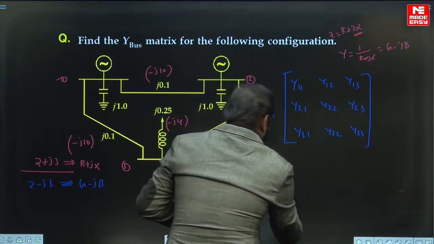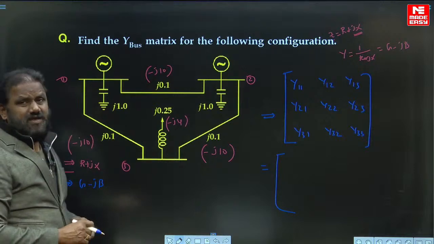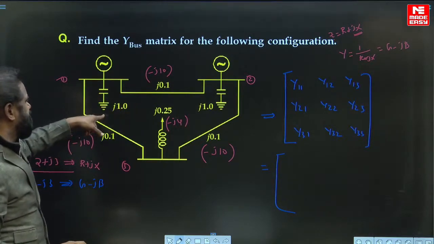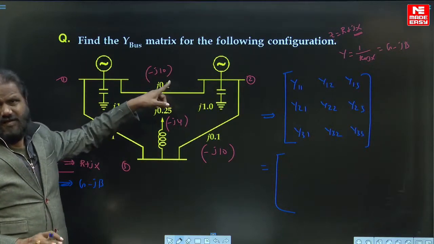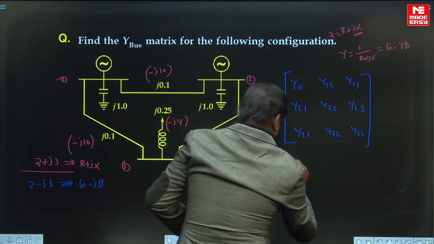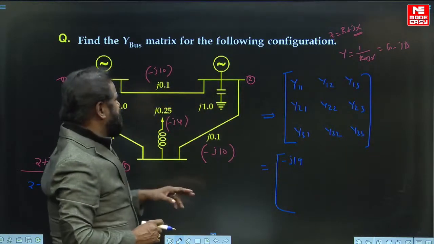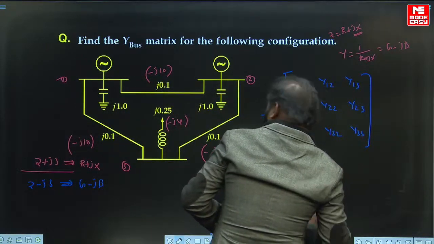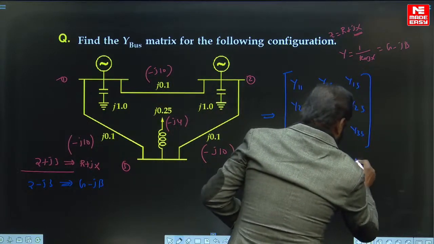Now the answer you have to get in what way? y11. What is y11? The sum of the admittances connected to bus number 1, this plus this. How much is it? Minus j10, minus j20, plus j1, equal to minus j19. y12 is the negation of the original existing value, that is j10. y13 is the negation of the original existing value, that is also j10.